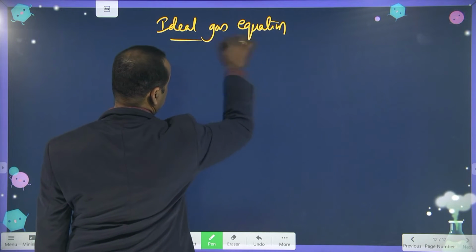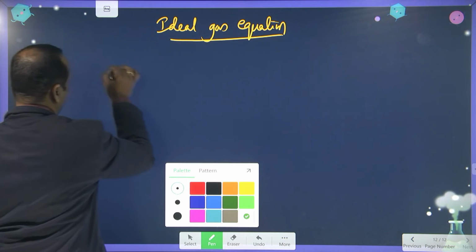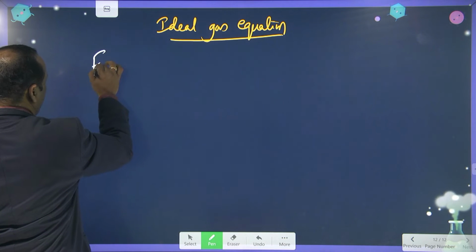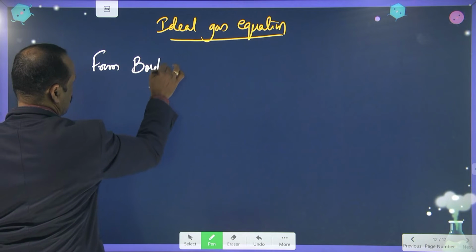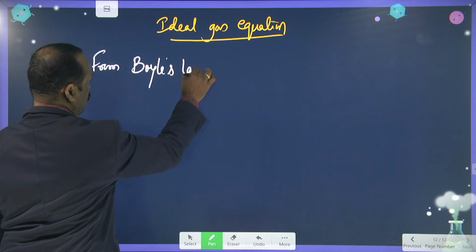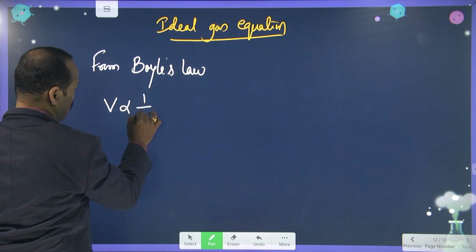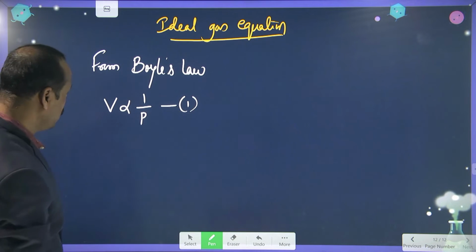Which three laws? Very good. So now see here, from Boyle's law, what we have? V is inversely proportional to P. Yes or no? This is the first one.